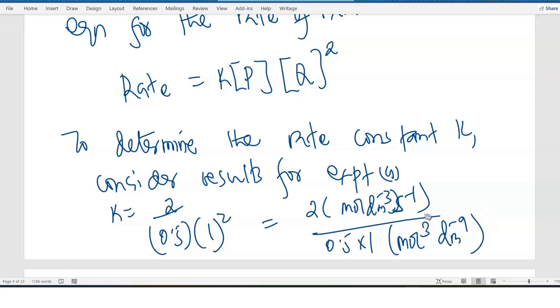So this and that will have one going, then for this you'll also have one going, and you'd have a decimeter cubed above.